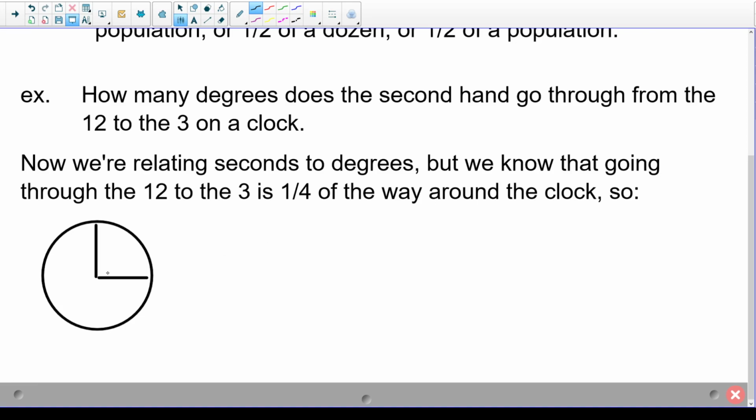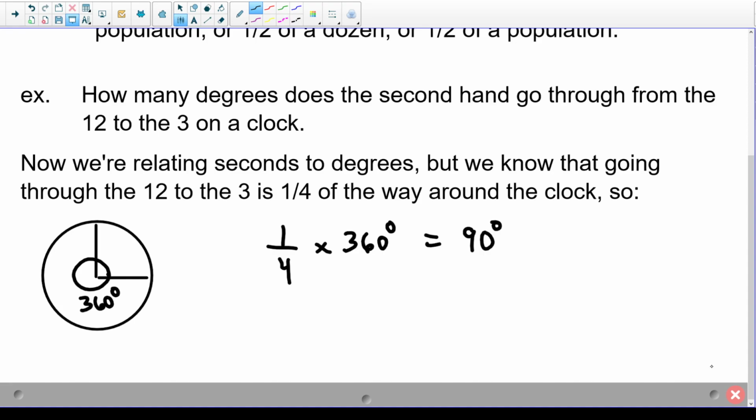And the entire clock is 360 degrees, right? So 1/4 times 360 degrees is equal to 90 degrees.